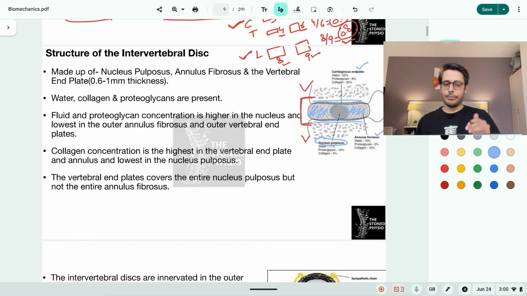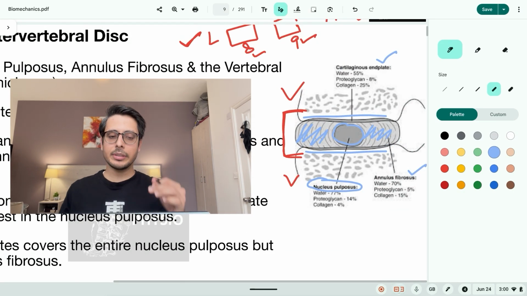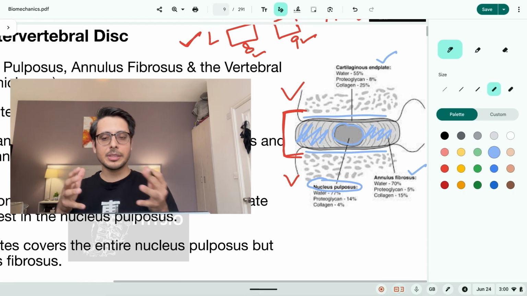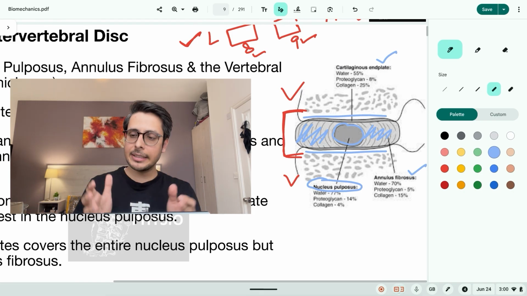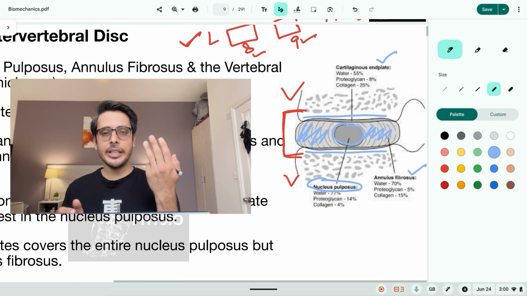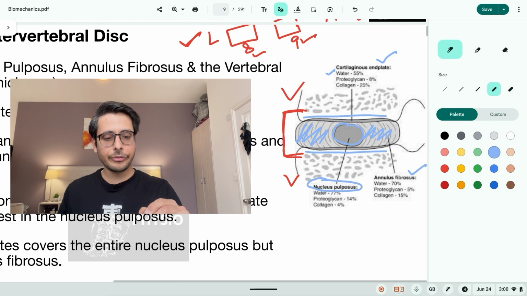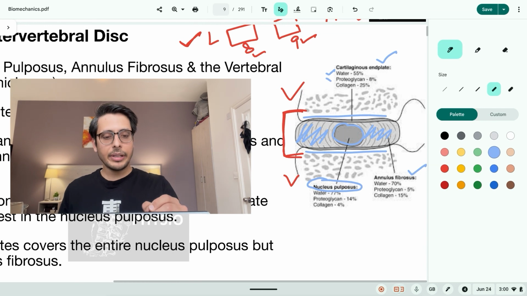All right, so here we can discuss a bit more about the percentage of structures present in the intervertebral disc. Mostly we have three prominent structures: some amount of water, the proteoglycans, and the collagen.